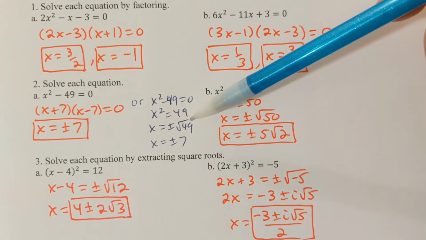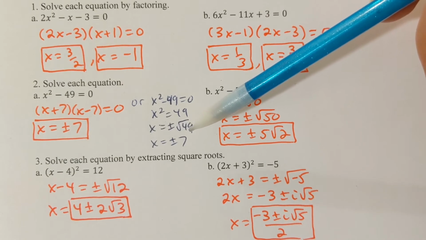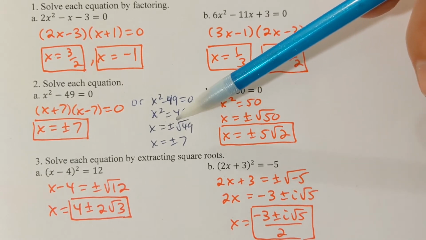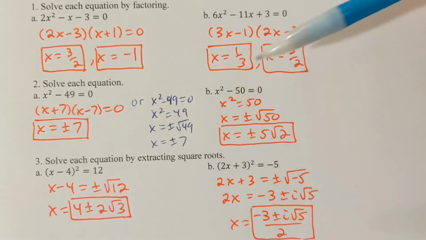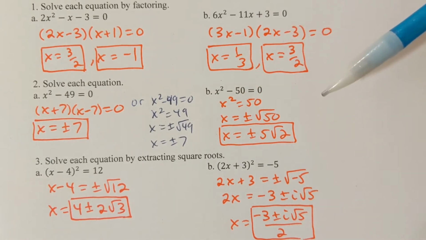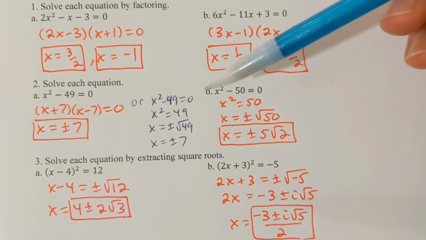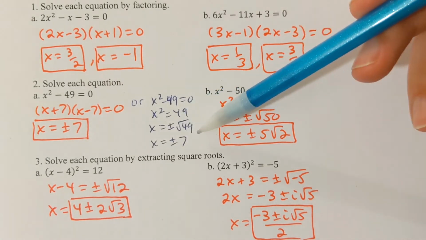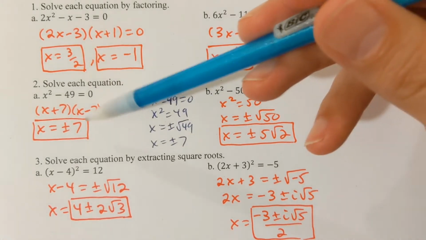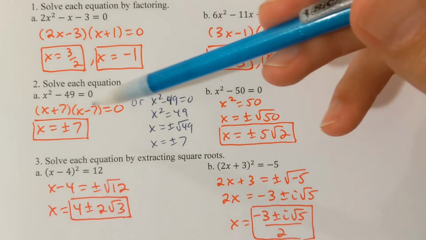But here's the thing. Whenever you take the square root of both sides in an equation, you always need to make sure that you tack on a plus minus onto the right. Okay, now that's a mistake that students will sometimes forget about. Be sure that you remember to tack on that plus minus there. Of course, the square root of 49 is 7, so we still get x equal plus or minus 7, which is what we got over here by factoring.